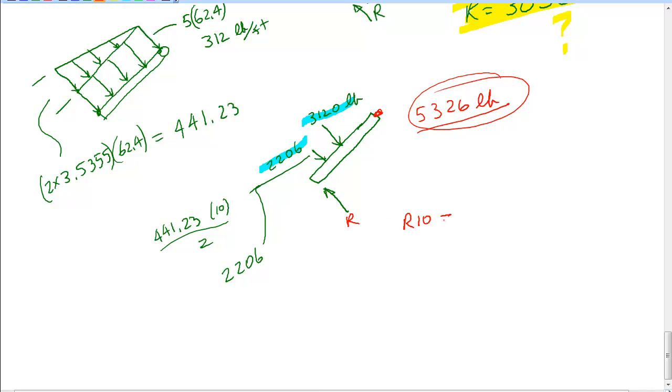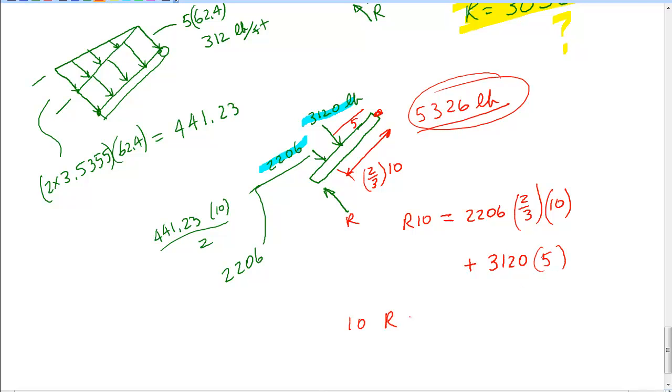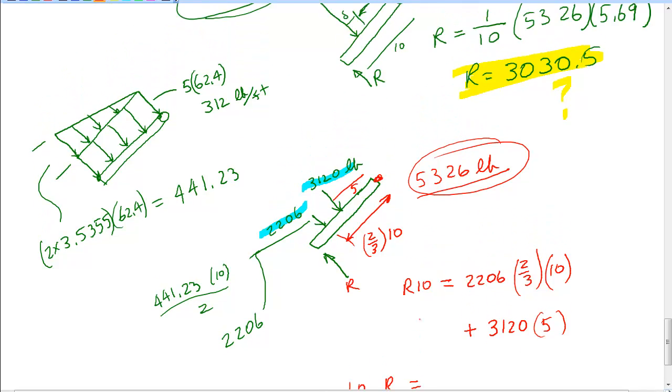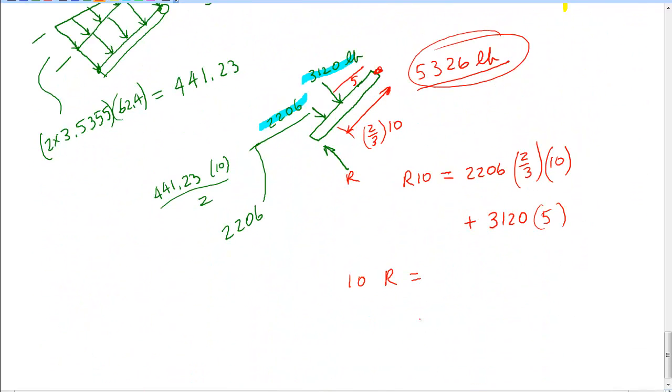Reaction times 10 has to equal 2206 times this distance, which is 2/3 of the length, or 2/3 of 10, plus I have a 3120 pound load, and that's only 5 foot, times 5. 10 times the reaction is equal to 2206 times 2 divided by 3 times 10 plus 3120 times 5, which gives me 30306.